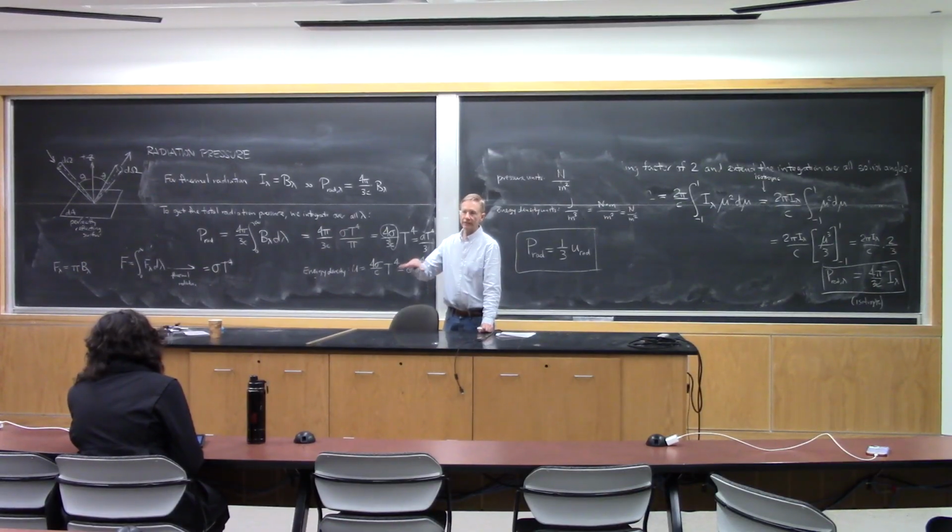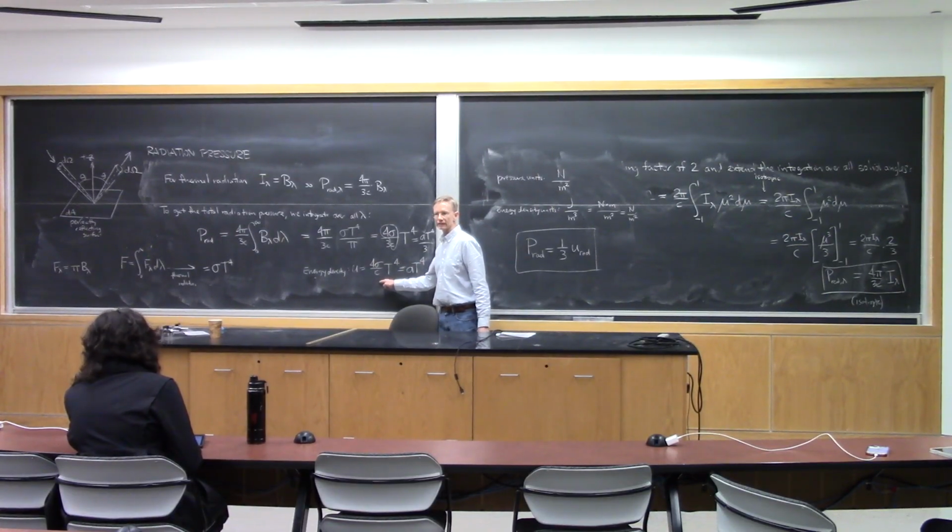That's a separate derivation that leads to U being a t to the 4th power, whereas the pressure derivation has a t to the 4th power over 3. In other words, U was 4 sigma over c times t to the 4th, and we call a 4 sigma over c. And here, it's 4 sigma over 3c, so it's a over 3.